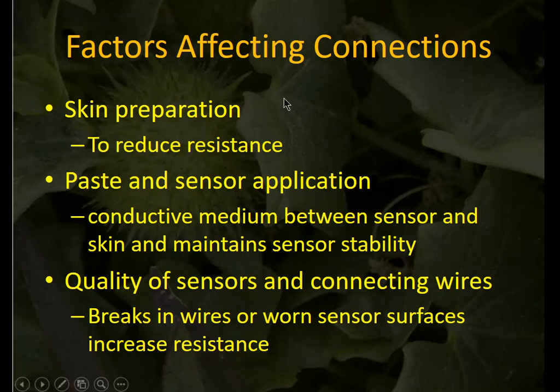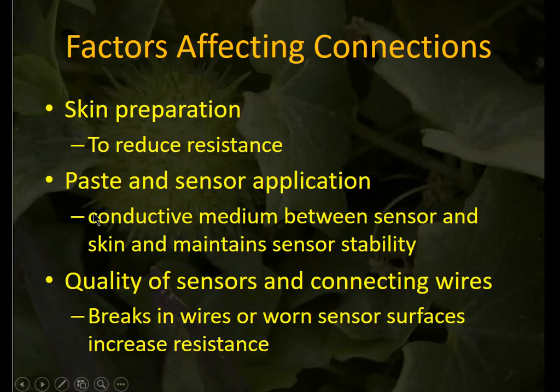The other choices that we have about this process is paste and sensor application. We need a good layer of paste, which is a conductive medium between the sensor and the scalp, because the sensors themselves don't provide a very good conductive medium.